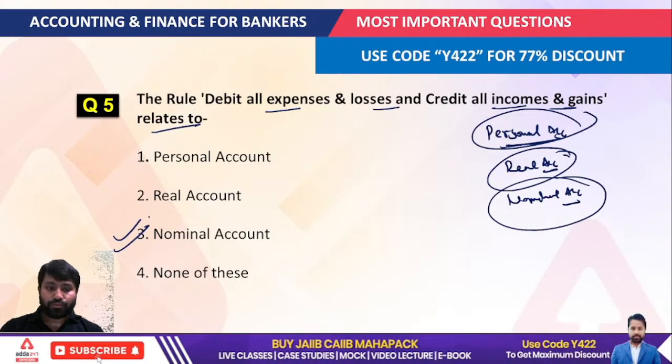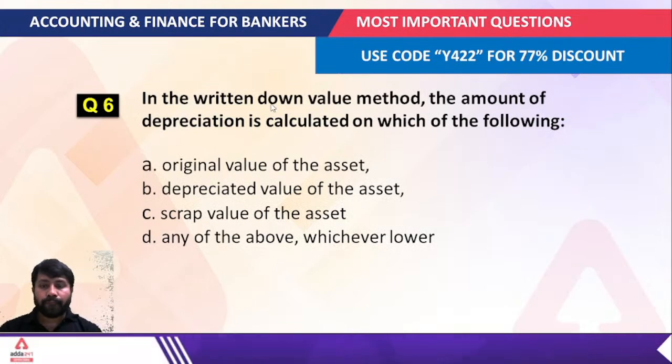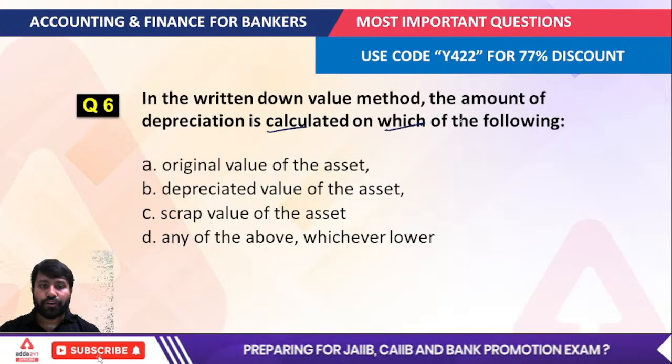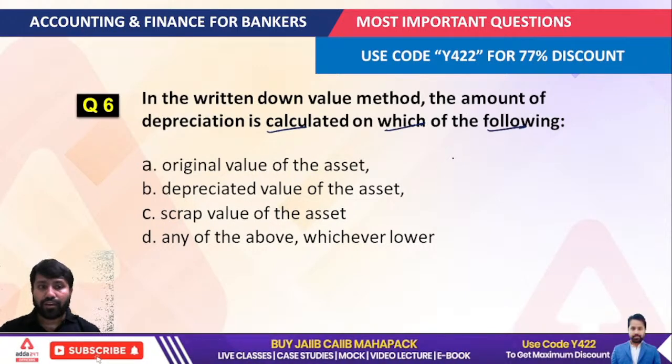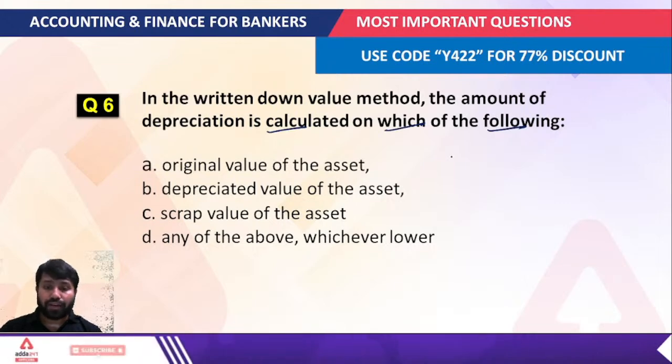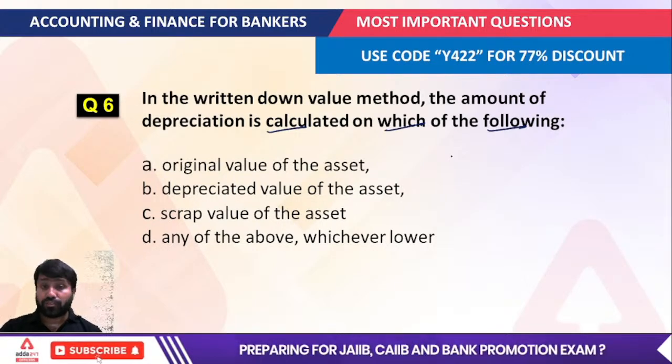Okay, next question. In the written down value method, the amount of depreciation is calculated on which of the following: the original value of the asset, the depreciated value of the asset, the scrap value of the asset, or any of the above, whichever is lower?